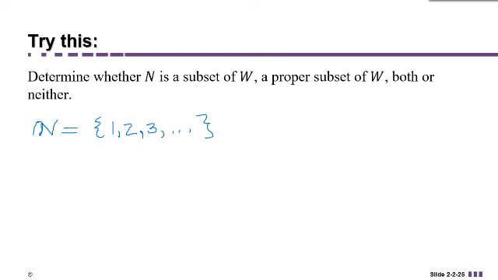And then what was the extra number that the whole numbers, the one denoted by a W, has in it that the natural numbers don't? There's only one extra number that the whole numbers have that the natural numbers don't.